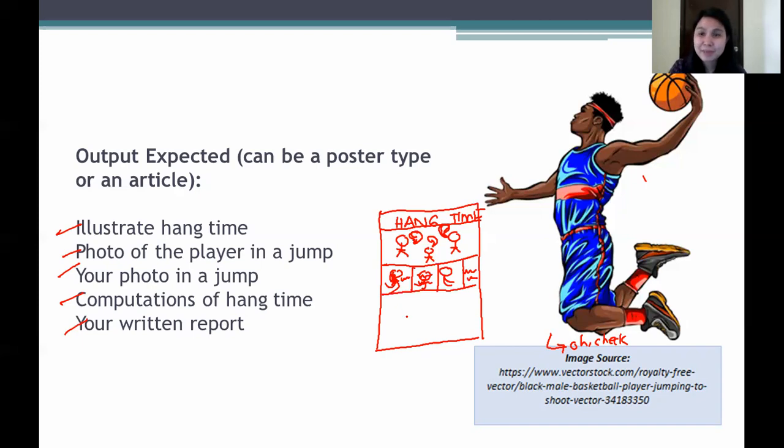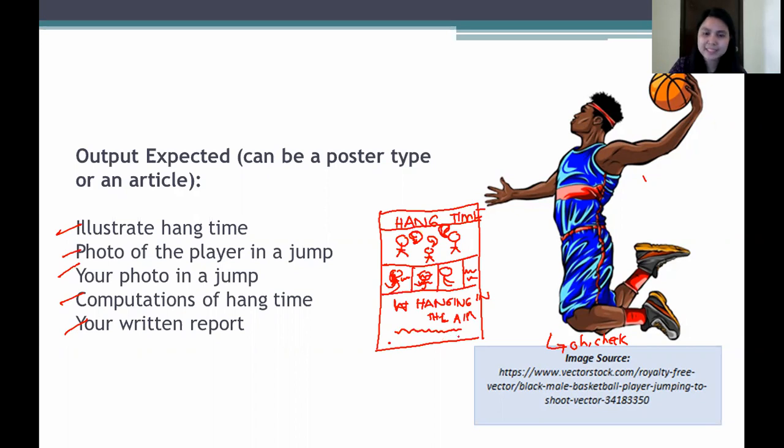Then here's my report. How will I place my report? You can entitle it, what's your hang time? Or you say, hanging in the air. Then start writing your report.